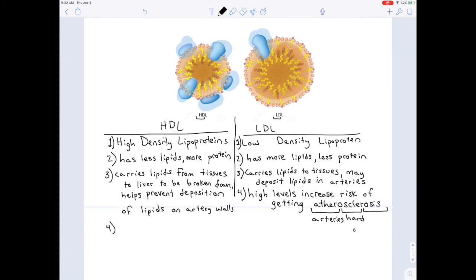And so, the 4th thing, its relationship to atherosclerosis: high levels of HDL decrease your risk of getting atherosclerosis.